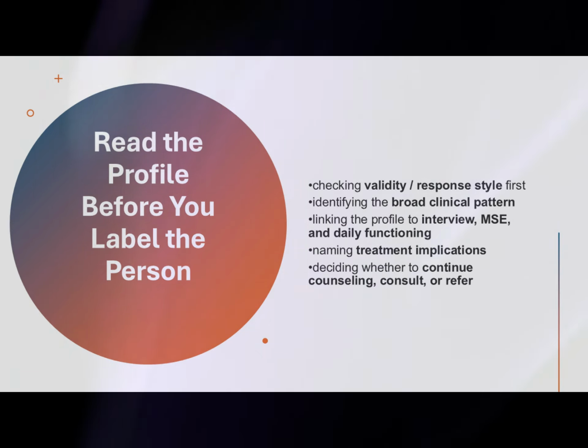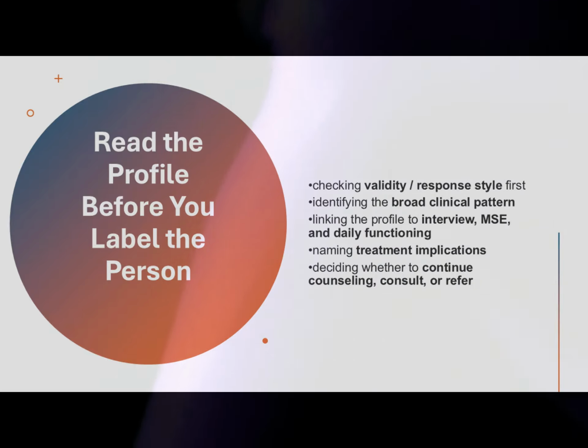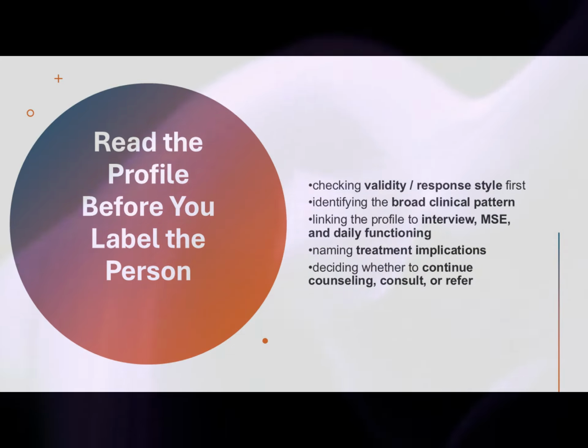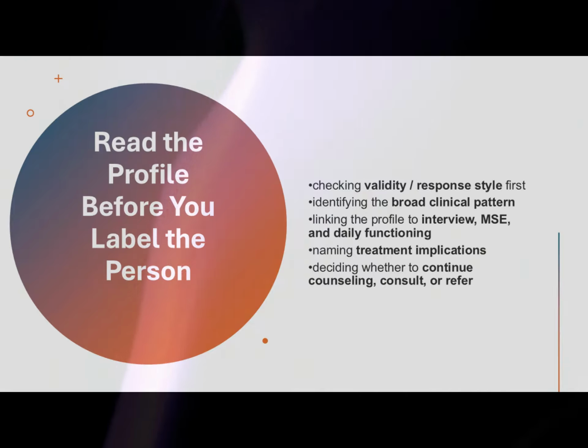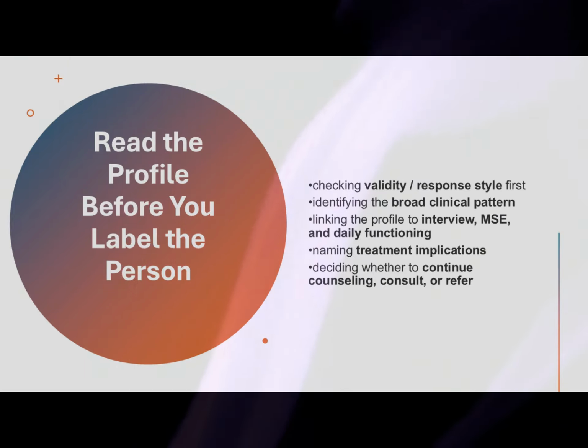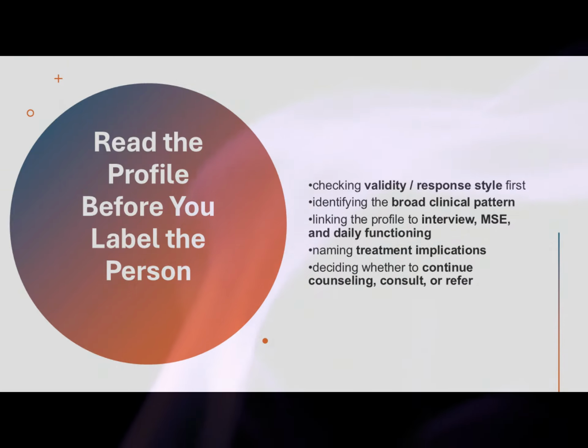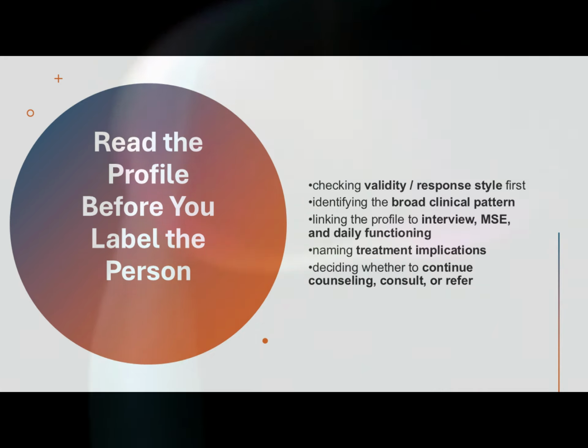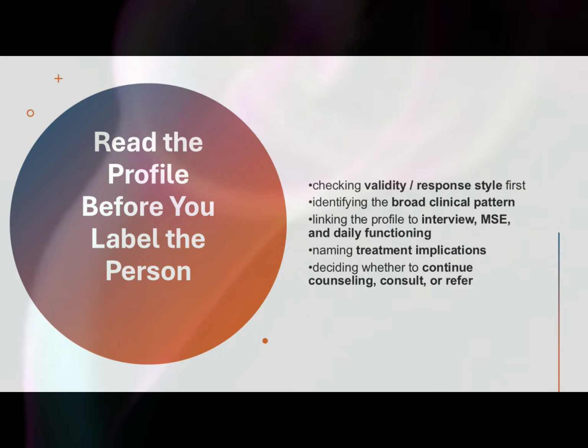Do you need more structure because anger and impulsivity and substance risk are elevated? Or more direct safety assessment because hopelessness and self-harm are concerns? All of those things are things to be mindful of.